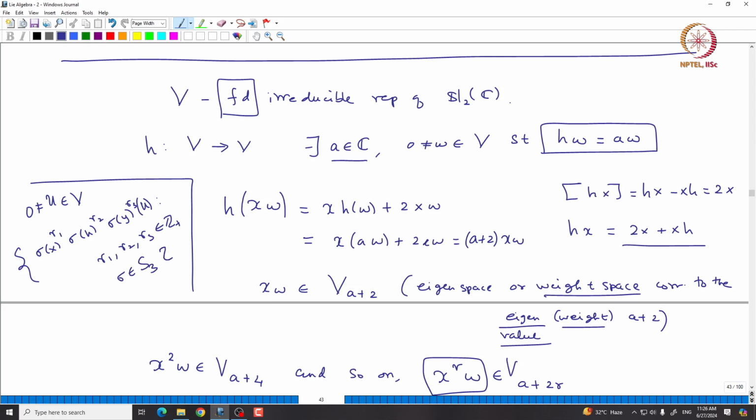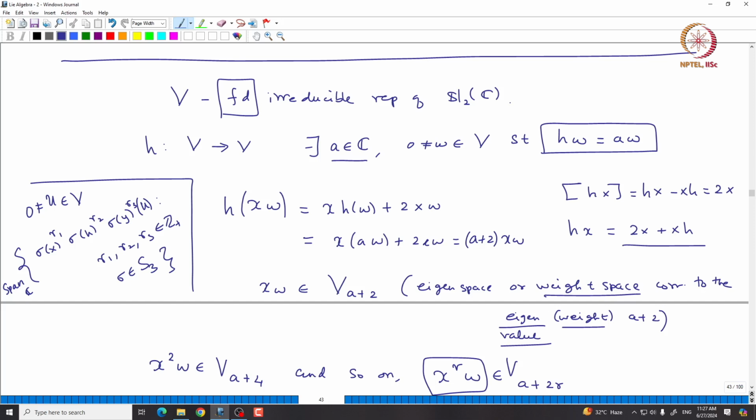You apply it on u, where r1, r2, r3 are just some non-negative integers, and sigma is just a permutation on these 3 letters x, h and y. Then if you take all possible vectors obtained like this, and take the span of that, then that is definitely invariant under your sl2c. So, in particular you will get the sl2c submodule generated by u.